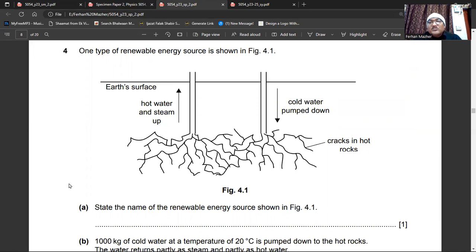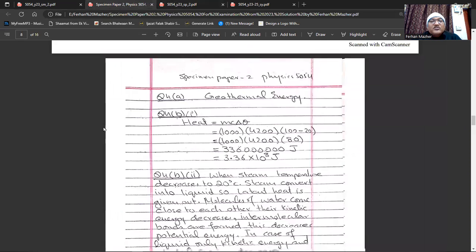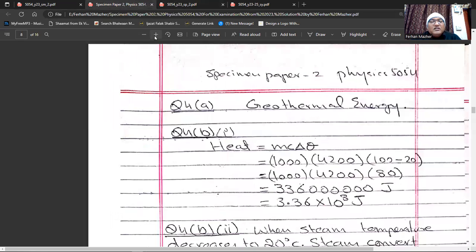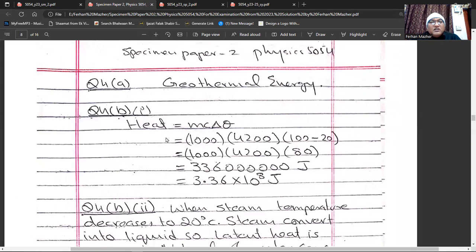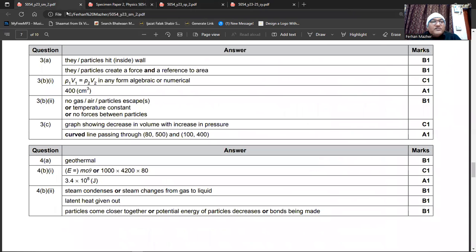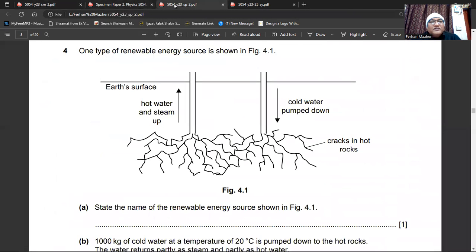This energy source is called geothermal energy. Geothermal energy is the answer.